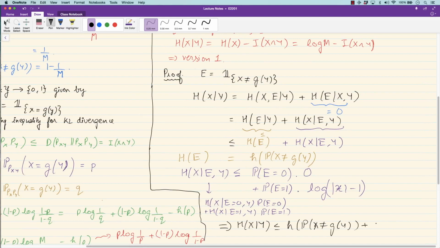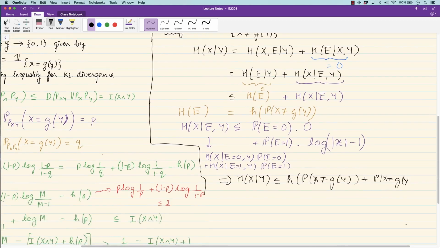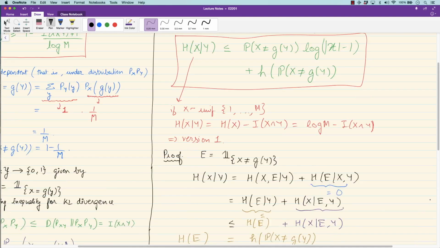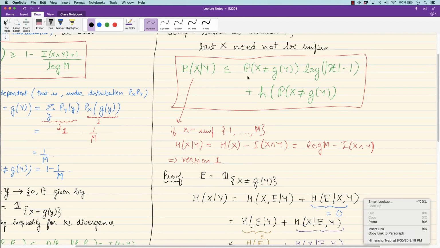That's the same thing, the probability X not equal to g(Y), times log of cardinality of X minus 1. Okay, so that's in fact the bound we were looking for. This is my second version here. The conditional entropy is no more than this.